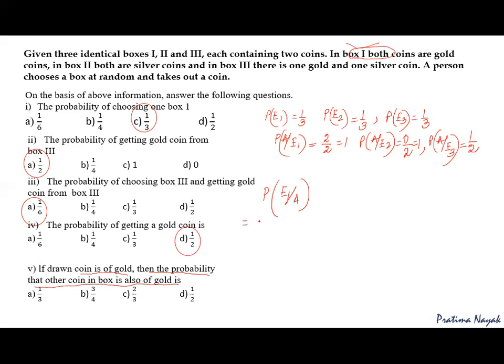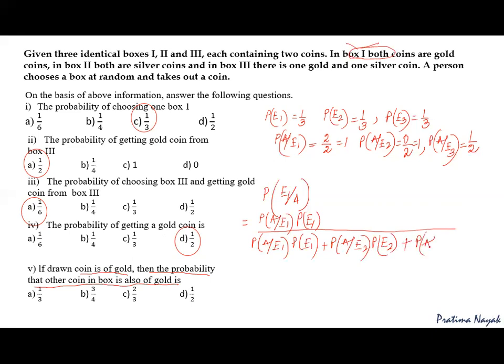So how to write? This is the same as the probability of A given E1 into P of E1, whole upon the sample space we wrote in the last part. If you have calculated, you can write it down. You can remember this is half, or I am showing it once, because this is the concept. P of A by E2 whole into P of E2 plus P of A by E3 into P of E3.